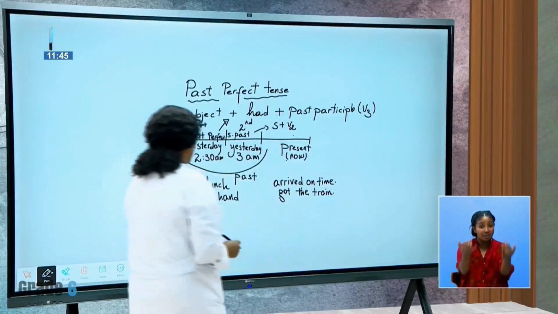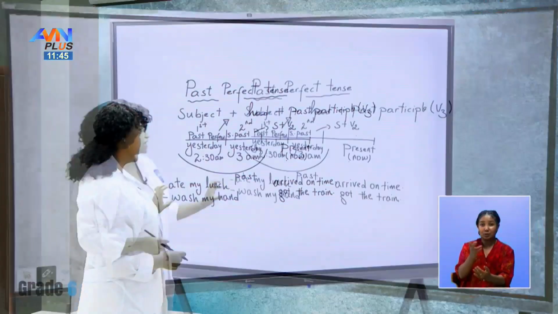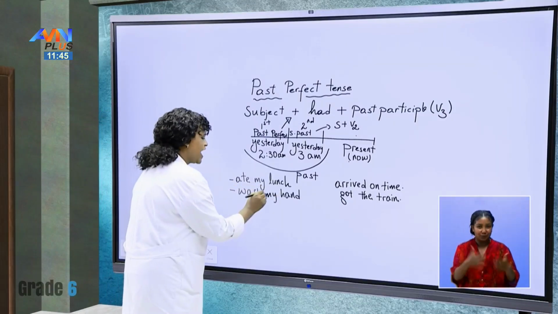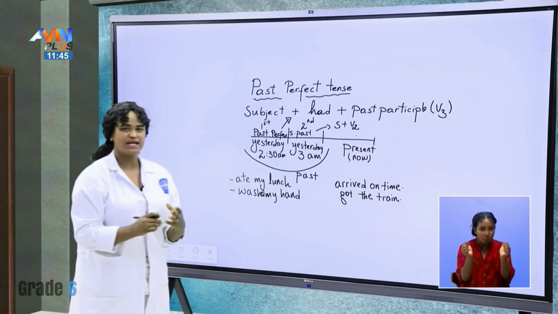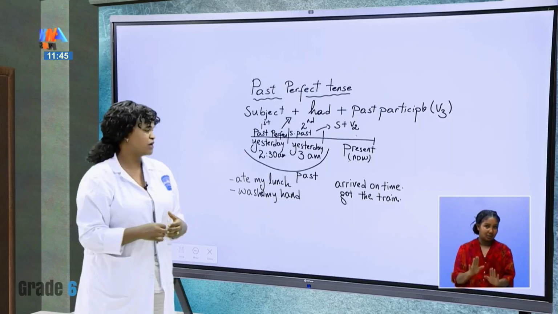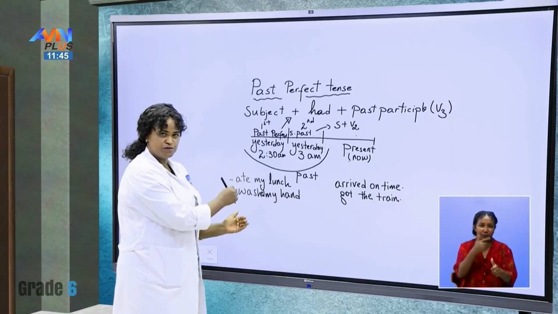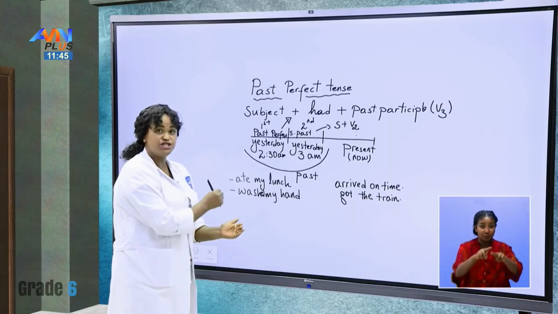Now, when we see this pair of phrases, ate my lunch and washed my hand, both of them are past. But which one do you think happened first? Let us put these things in sequence.